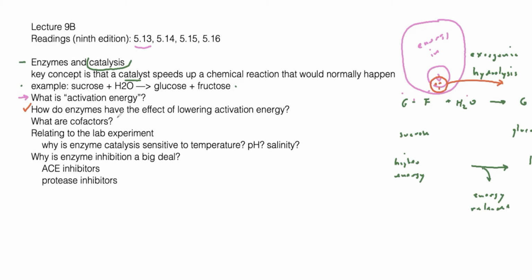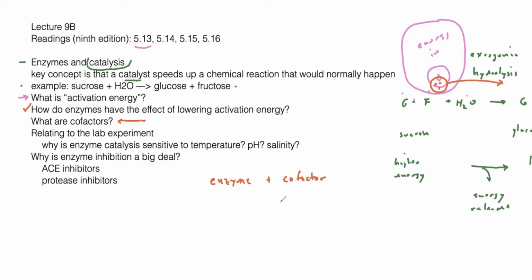For example, as we talk about metabolic biochemistry, we're going to encounter the fact that a lot of enzyme catalyzed reactions require consumables, right? In other words, an enzyme might not be able to do the reaction on its own. It might require an enzyme and a cofactor.